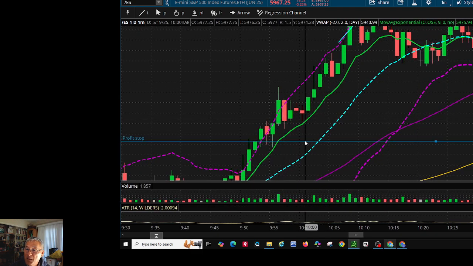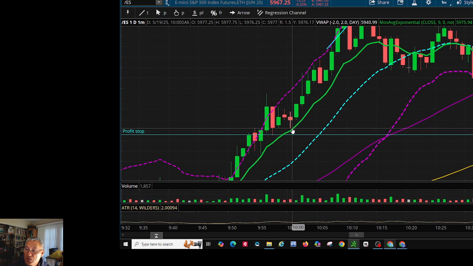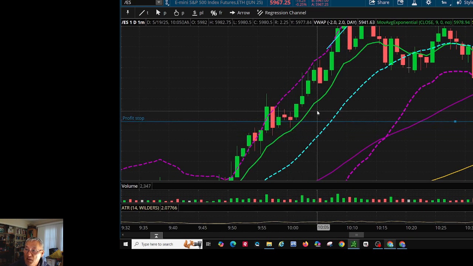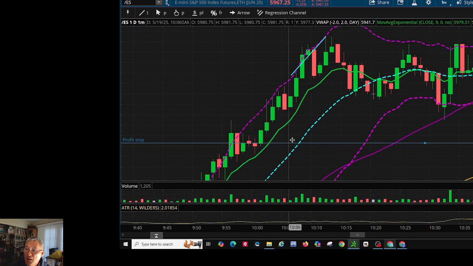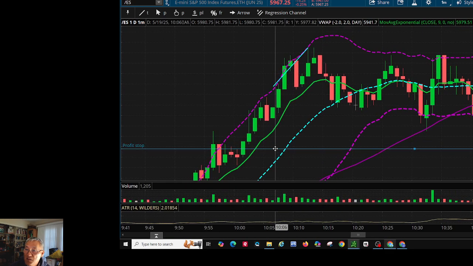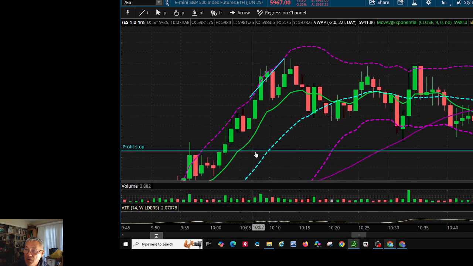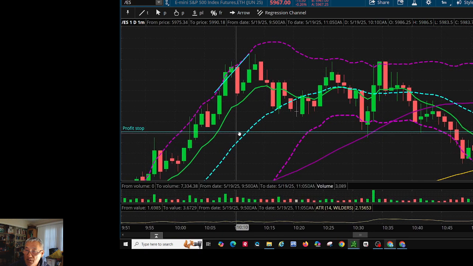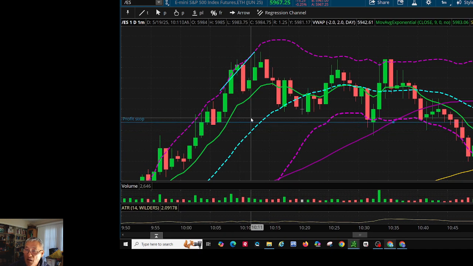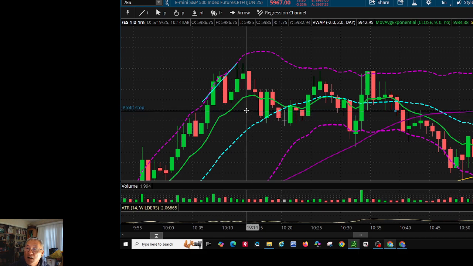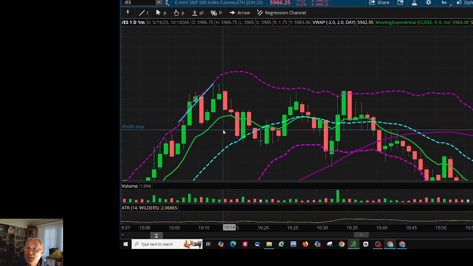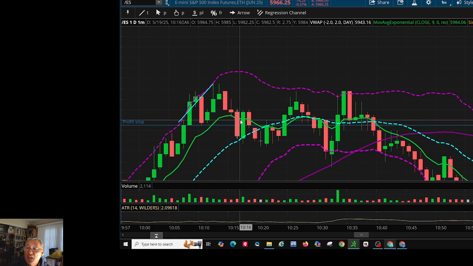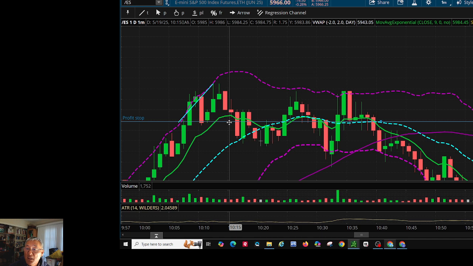If you just follow this 1 minute 9, and it comes close to retesting here and starts to go up, this is beautiful. It keeps going up and you're just following it up. That's all you're doing. Ultimately, it would probably stop you out on this candle here. You might move it up a little bit here, and then boom, stops you on this candle.